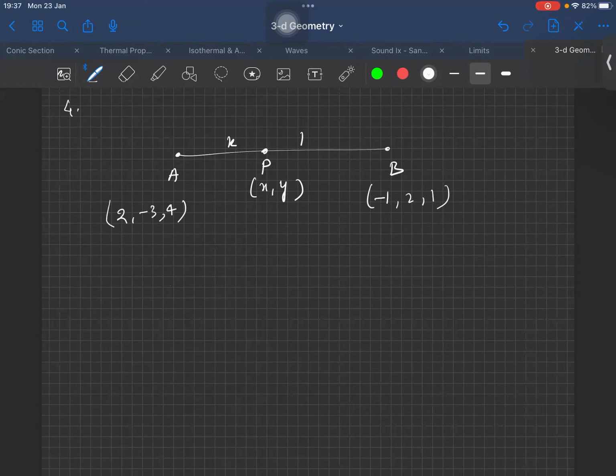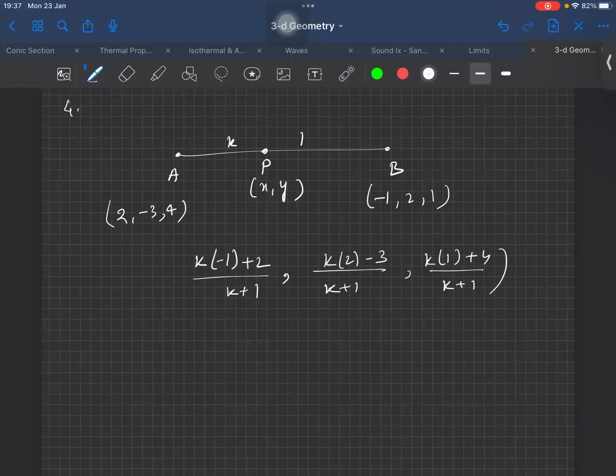So we can write (k times of -1 plus 2) upon (k plus 1), comma, (k times of 2 minus 3) upon (k plus 1), (k times of 1 plus 4) upon (k plus 1). So this will be the coordinate of point P using the section formula.